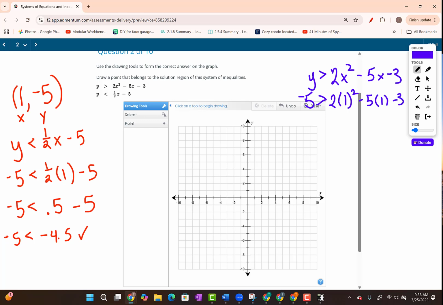One squared times 2 is 2. 5 times 1 is 5. 2 minus 5 is -3. -3 minus 3 is -6. Is -5 greater than -6? Yes. So the point (1, -5), that is our solution.